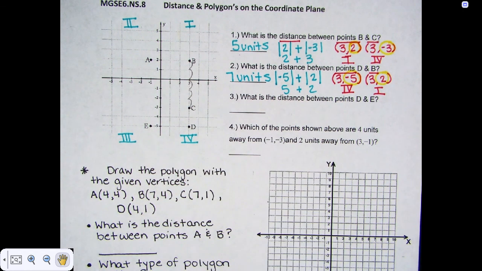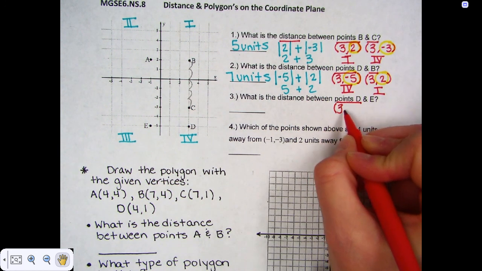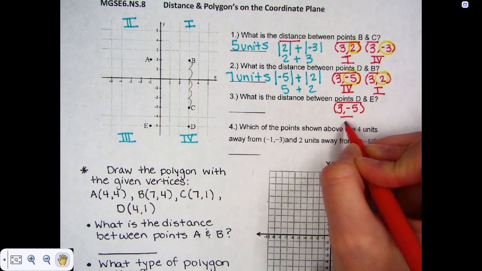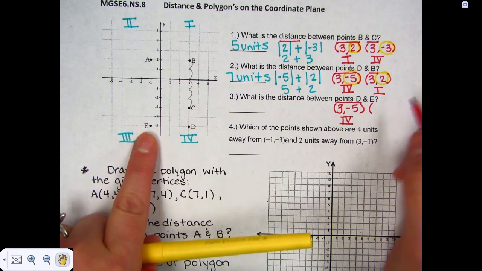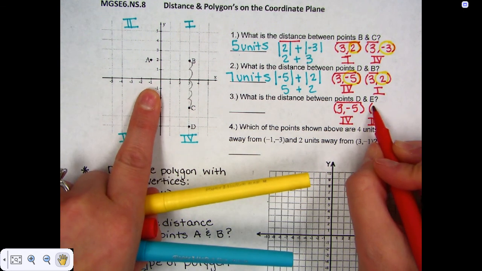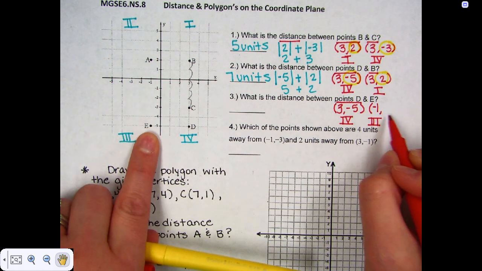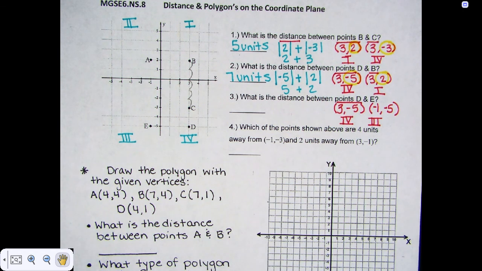On number 3, I'm looking for the distance between points D, which I just did, 3, -5, in quadrant 4, and point E. This is a new one. He's way over here in quadrant 3, and he is at -1, -5. So on this one, it looks like their x values are different.